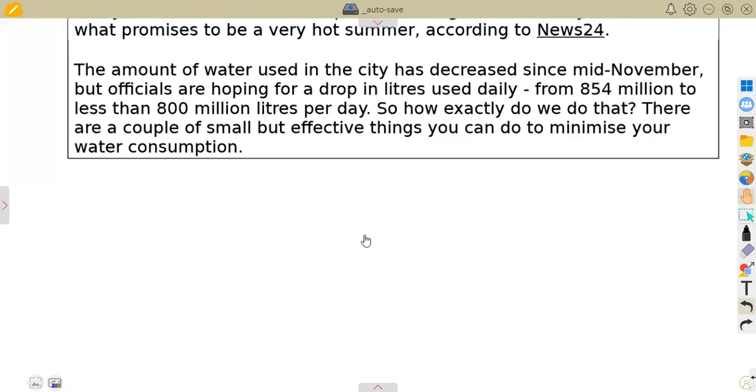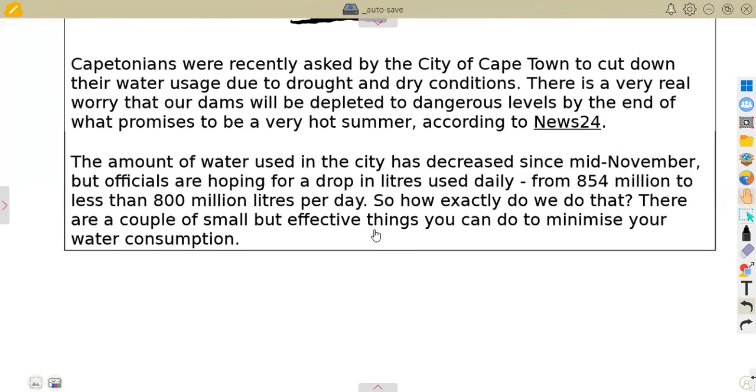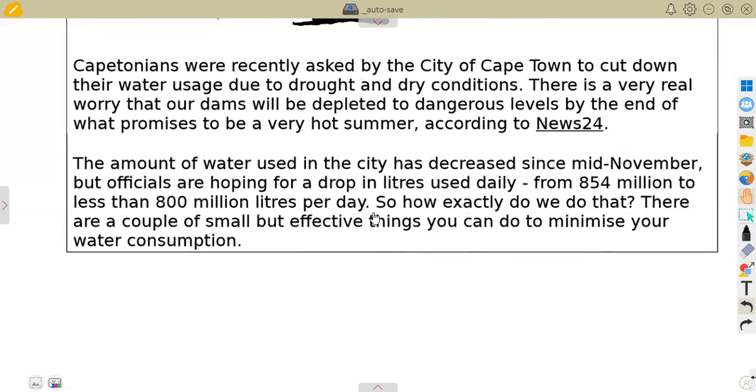So we are having the idea now that the government itself has engaged by warning the citizens not to misuse the water. That is the main idea.